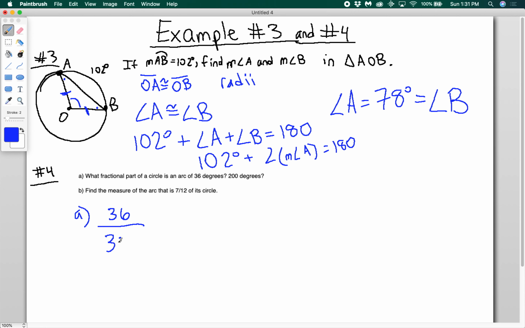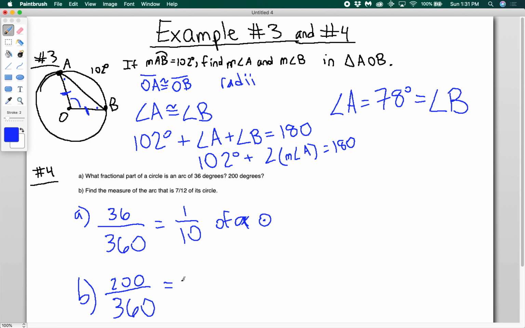There's 360, right? So 36 over 360 is 1/10. So it is 1/10 of a circle. And for 200 degrees, we do it the same way. 200 divided by 360 is equal to 5/9 of a circle.